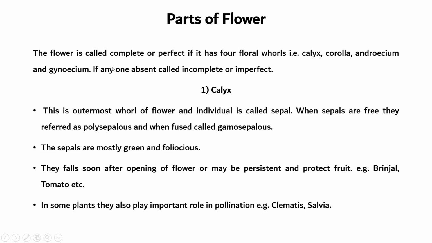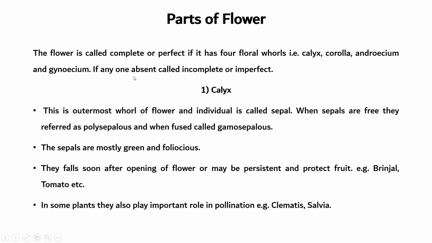Now let us see in detail what are the different parts of the reproductive structure. There are different characteristic features of the flower. The flower is called complete or perfect if it has 4 floral whorls. That is, as we have seen in the diagram, calyx, corolla, androecium and gynoecium.